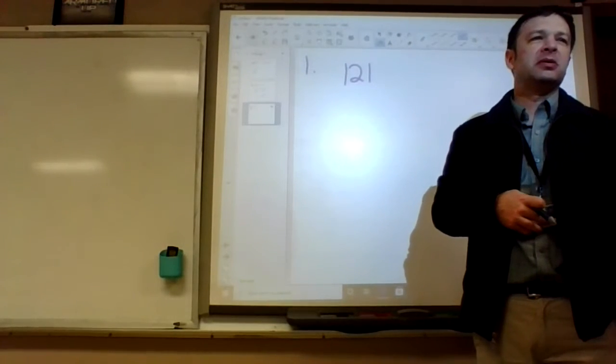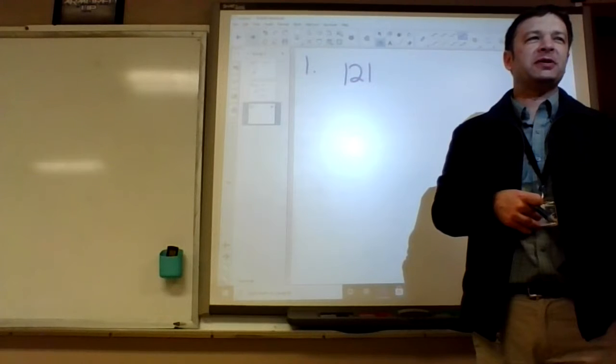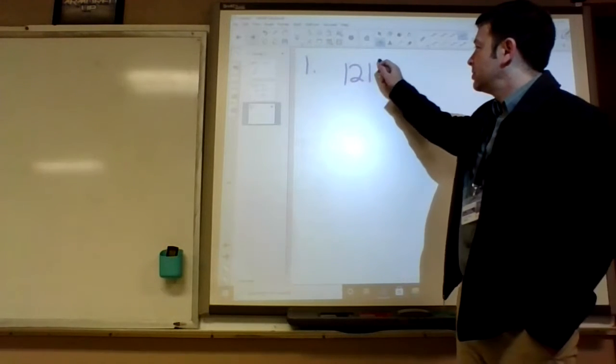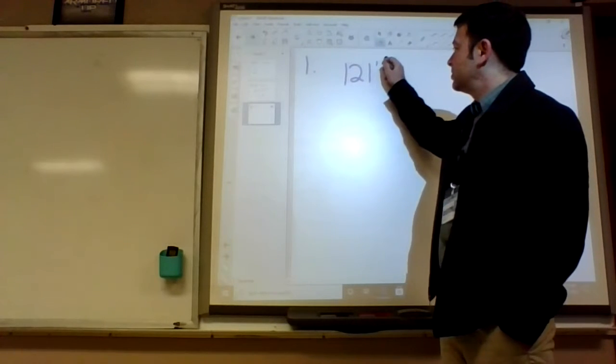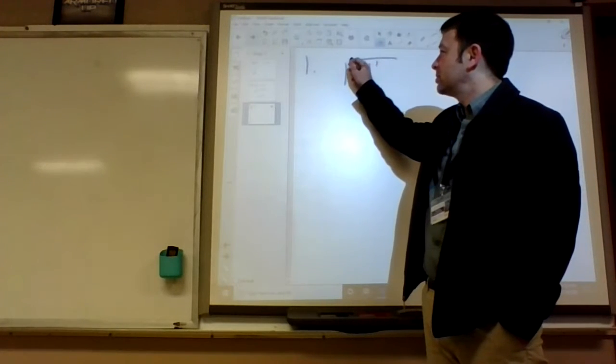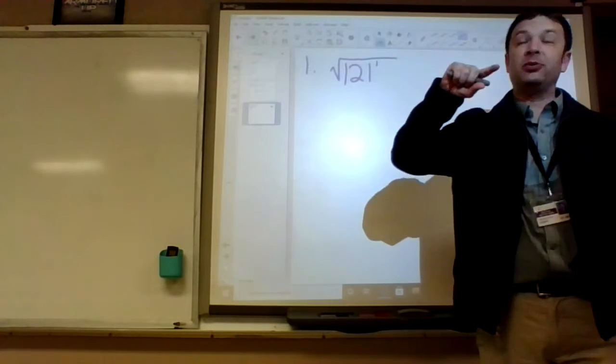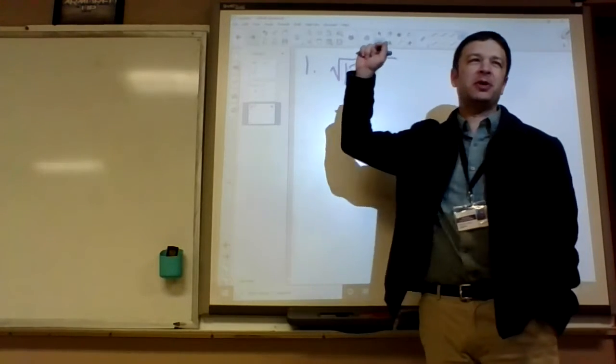If it's to the 1/2, what does that mean? The exponent is 1, and what else? Oh, it's another square root. So basically, if it's to the 1/2, it's just the square root of 121.